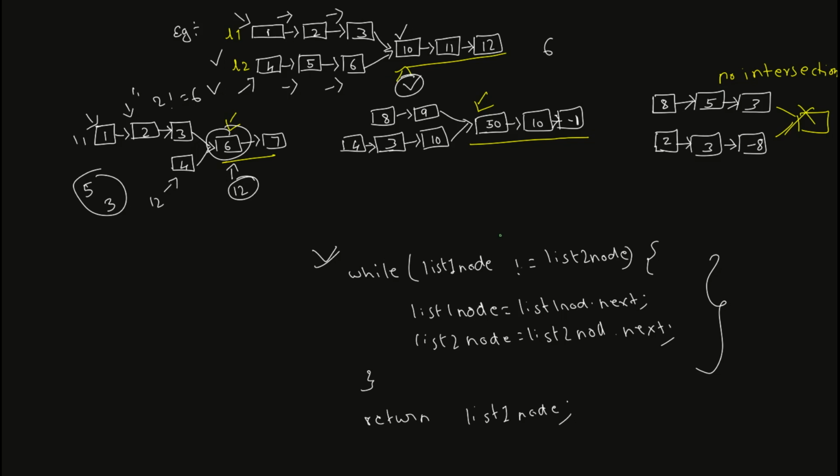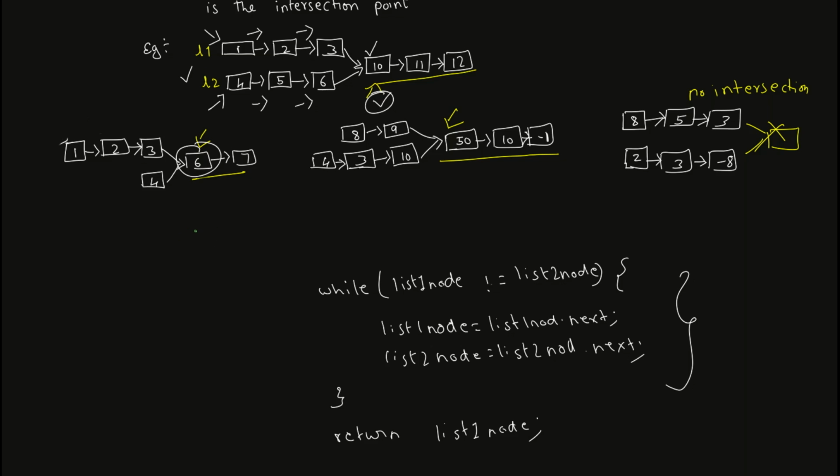So let's resolve it now. Let me provide a clear solution for this problem. Our primary problem is with size. We have different sizes for these two lists. What we can do is delete these extra nodes so that we can make these two lists have the same size.